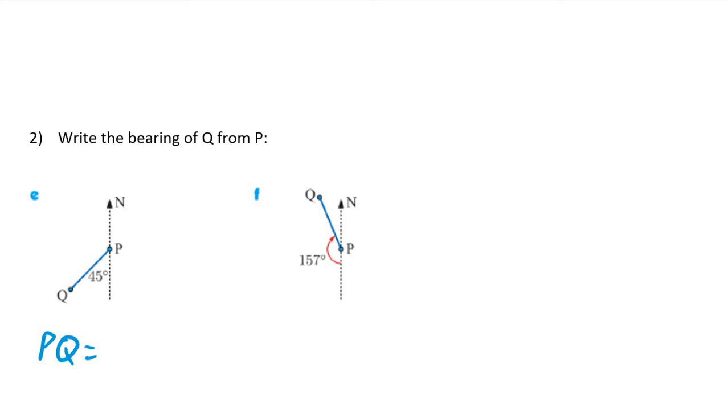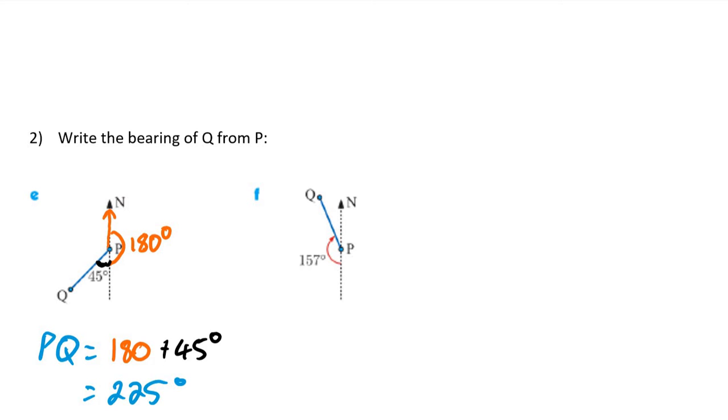So we would have to face north and turn that angle. That angle is composed of 180 degrees plus 45. So the bearing from P to Q would be 180 plus 45 degrees, which is 225 degrees.